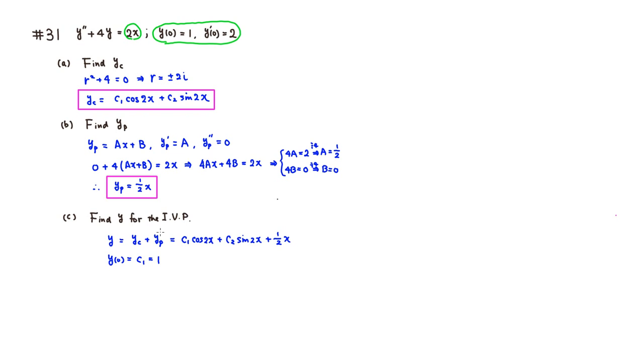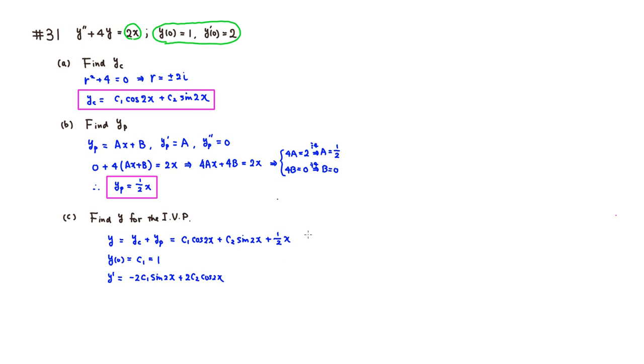Then let's take the derivative. So y prime is equal to, the derivative of C1 cosine of 2x would be negative 2 C1 sine of 2x. And the derivative of C2 sine of 2x would be 2 times C2 cosine of 2x.